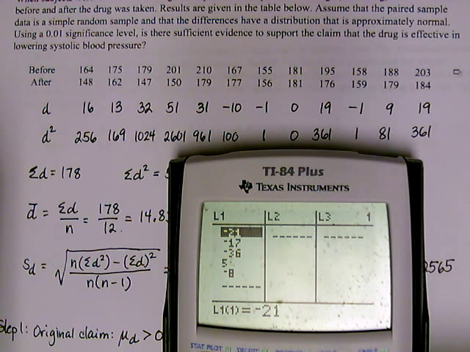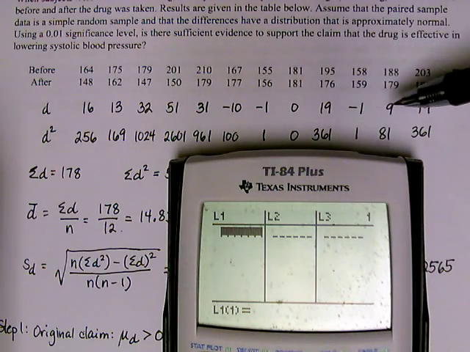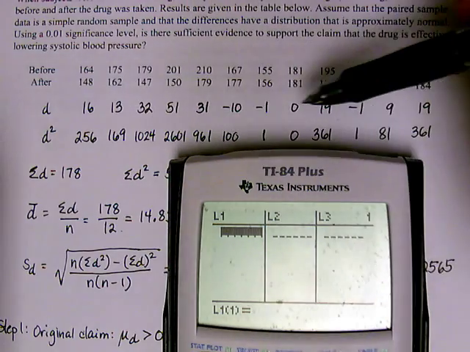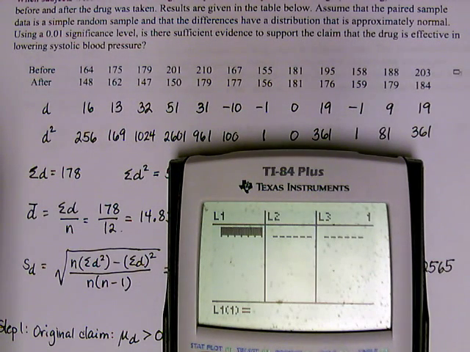I got stuff in L1, so what I need to do is press my up arrow key to highlight L1, press clear, and then enter. That clears out all the stuff that's in L1. Now I'm going to enter these individual differences that you see here, the row for the D's, one at a time.